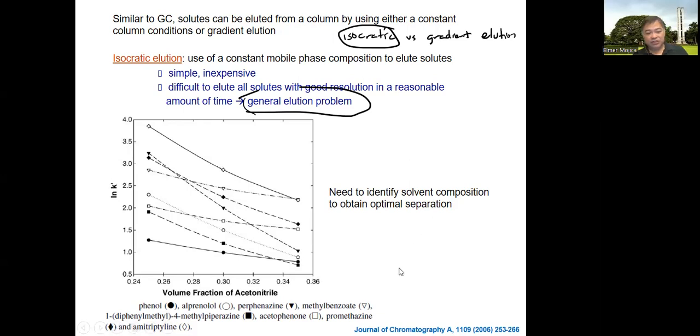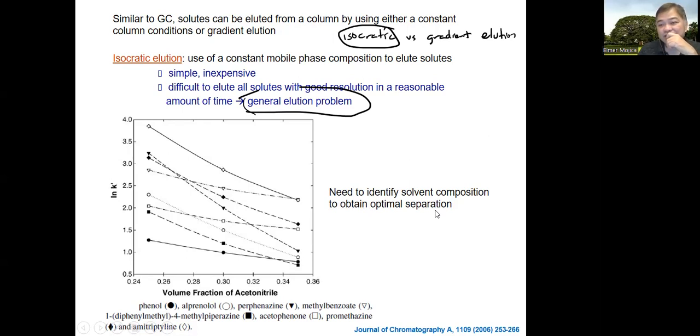And in doing so, you have to make sure what is the best solvent to separate certain types of compounds that are present in your sample. So you need to identify the solvent composition to obtain the optimal separation.